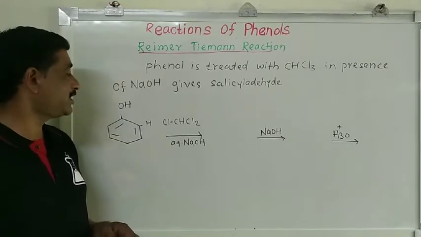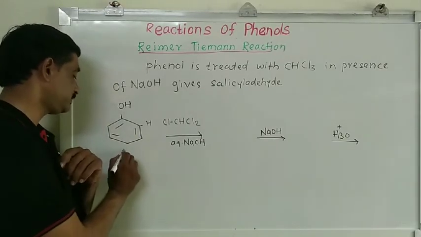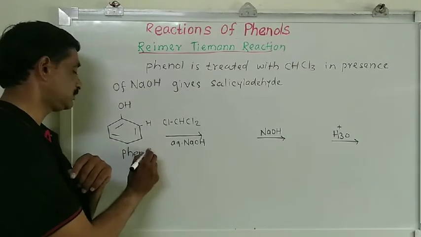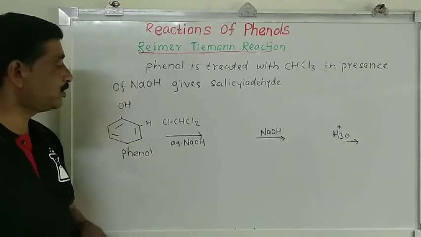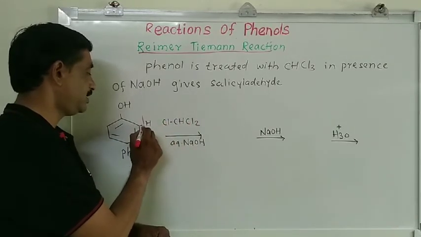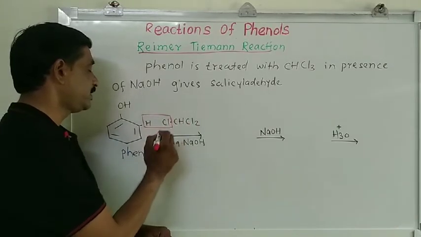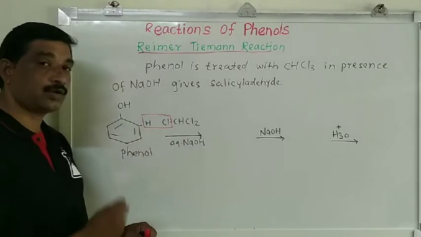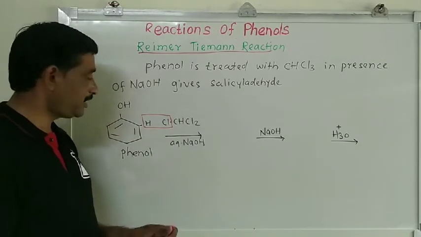How the chemical reaction takes place? Here we take phenol. When this phenol is reacted with chloroform, CHCl3, we write this HCl outside here. This chlorine reacts with the ortho hydrogen atom and it gives the intermediate compound.